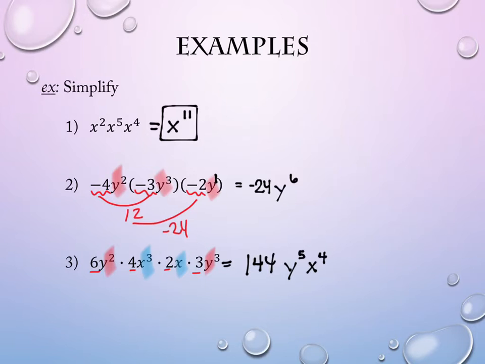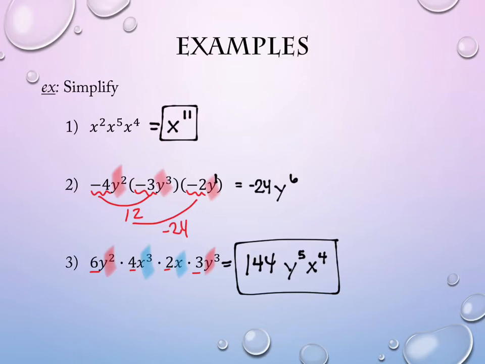Sometimes we don't like the y's written before the x's because we're OCD and it's not alphabetical. So if that's you, because that's kind of me, feel free to switch the x and the y around. It doesn't make any difference. But it is 144 times the y to the 5th and the x to the 4th.